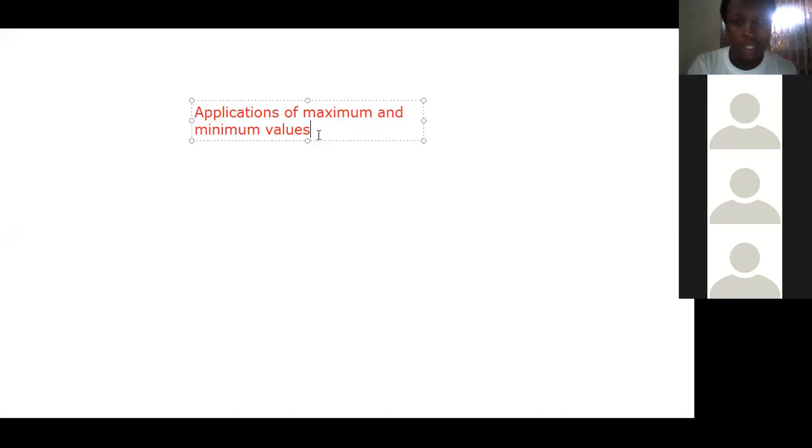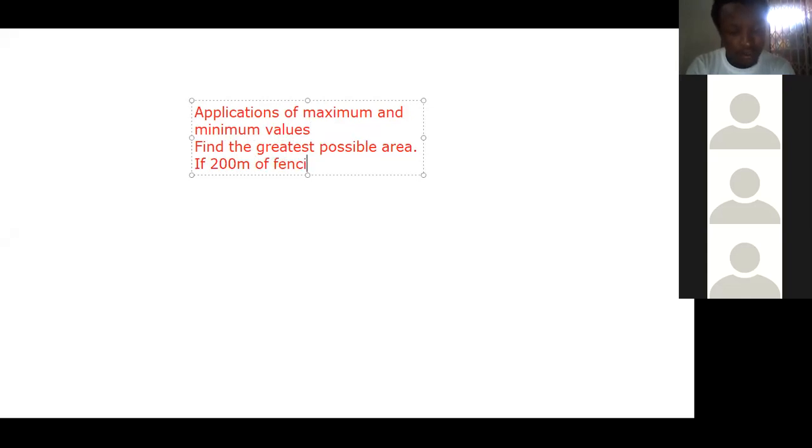For instance, the question reads: find the greatest possible area if 200 meters of fencing is to make a rectangular enclosure.